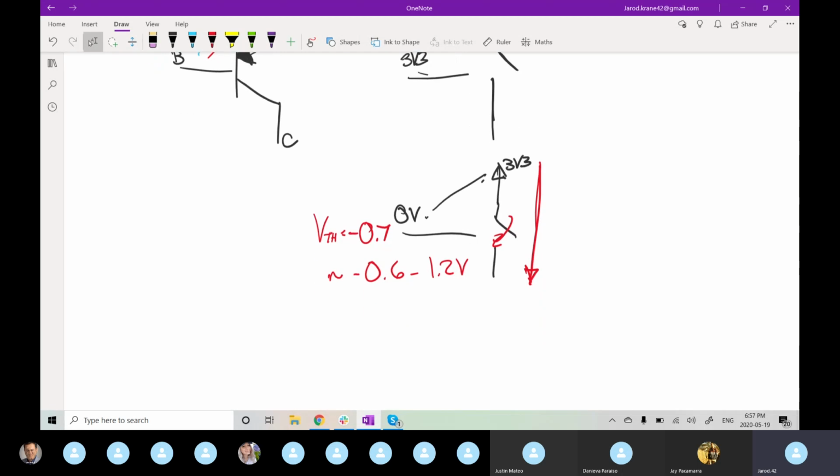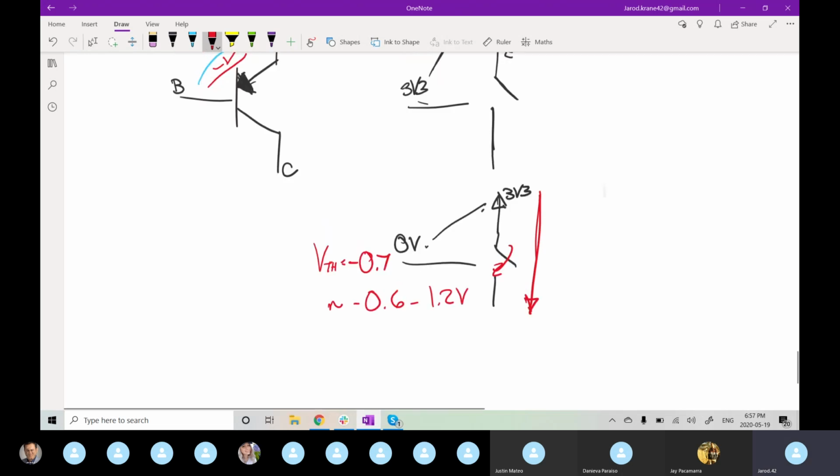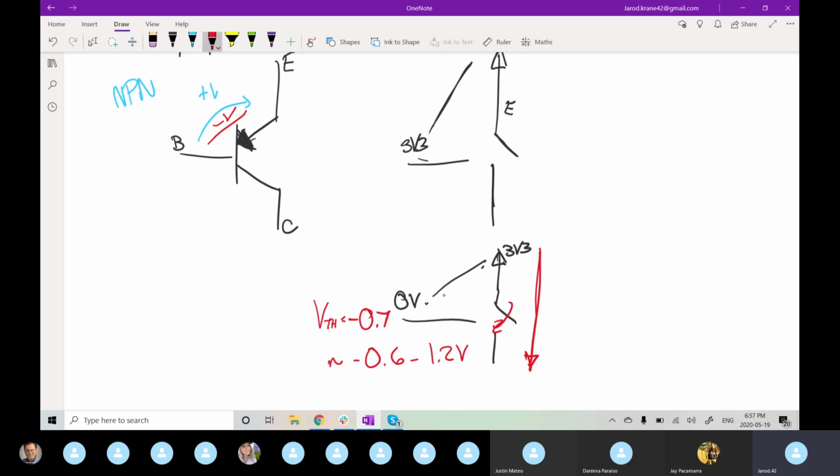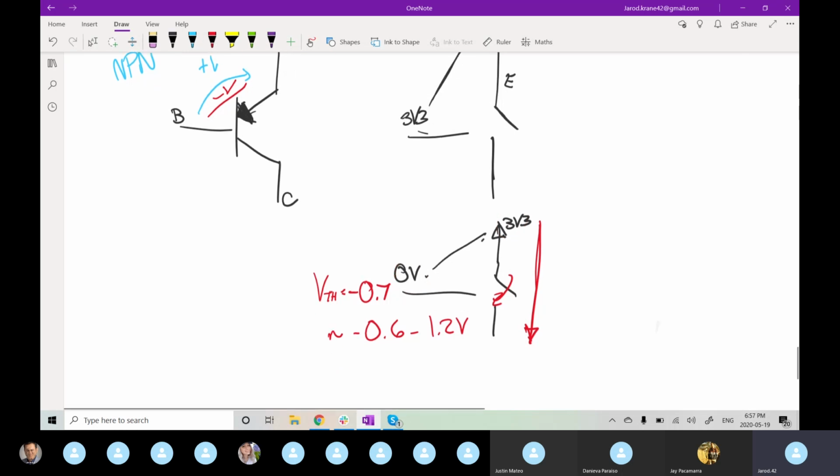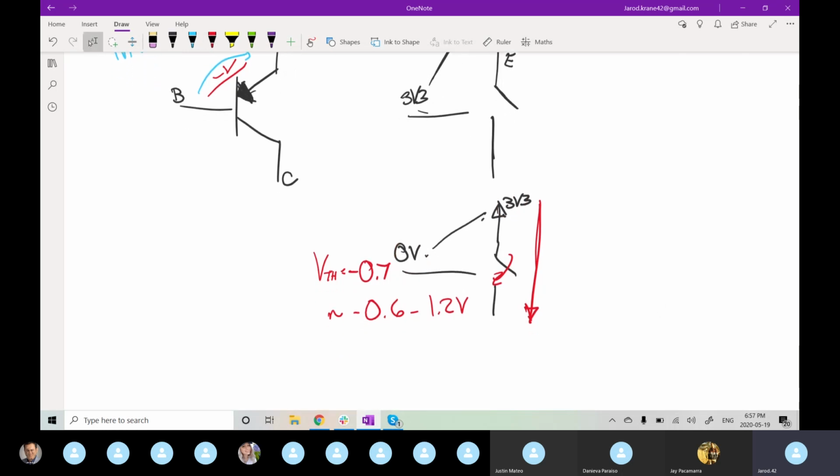But yeah, we will still see a threshold voltage for the PNP as well. We just see it in a negative fashion because it's no longer base being larger than emitter. It's backwards, so we have a negative voltage drop.